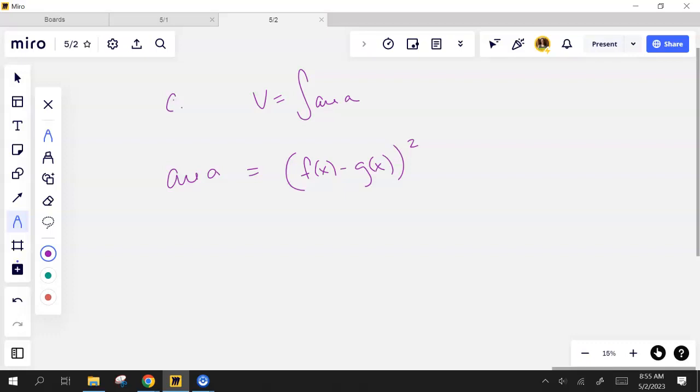So now I'm just going to do the integral from -2 up to that intersection point I found.